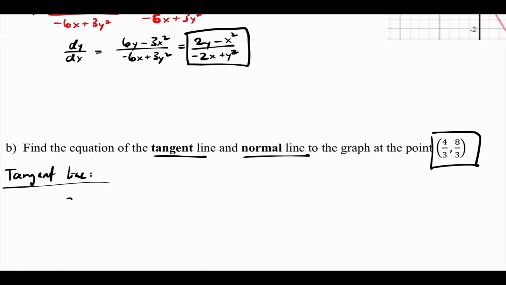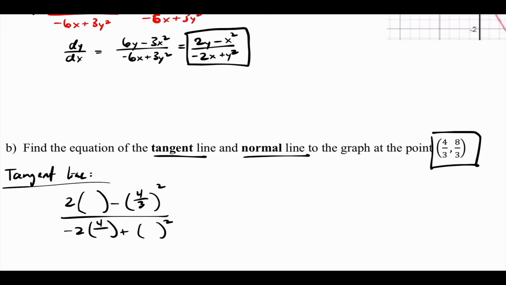So I get (2y minus x squared) over (negative 2x plus y squared). Everywhere there was an x, I'm going to put in 4/3. Everywhere there was a y, I'm going to put in 8/3.